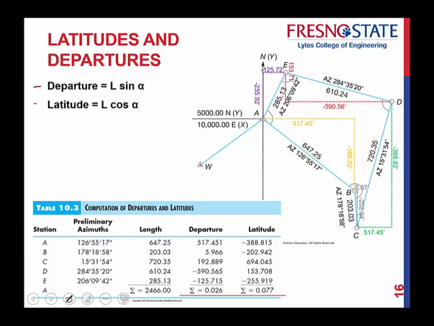Same thing in my northings, or along the y. Every negative y, I should have an equal and opposite positive y, so I end up exactly at A. Now you can see here, if I sum up my departures and sum up my latitudes, I don't end up perfect. They should be zeros. That would mean I did everything perfectly, but what that tells me is that I wasn't perfect.